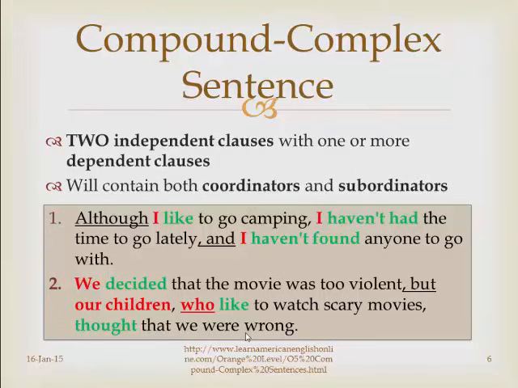And our dependent clause is who like to watch scary movies, with the subordinator who, a relative pronoun. So this is an example of a compound complex sentence. You have two independent clauses and one dependent clause. That's a little bit complicated, but once you get the hang of it, it's pretty easy to see and identify.